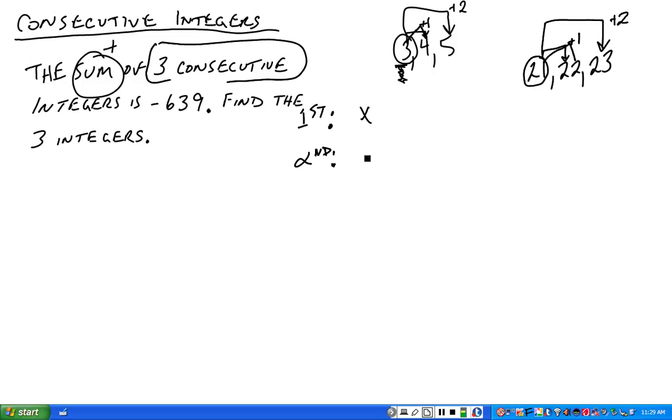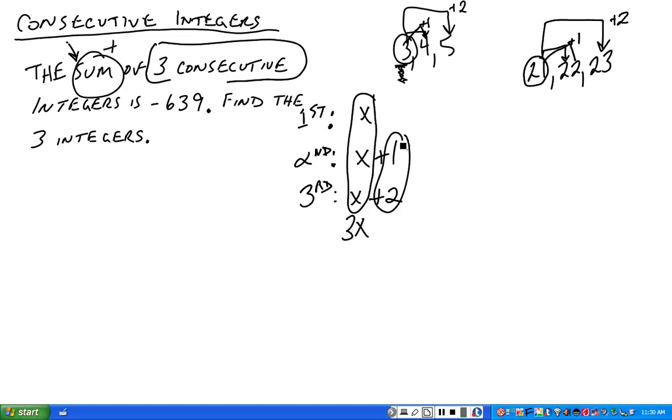So if our first number is x, then x plus 1 is our second number, and the third is the first number plus 2, x plus 2. The sum of these 3 is negative 639, so when we total them, that's 3x plus 3, and the sum is, so equals negative 639. Okay, so let's solve for x.